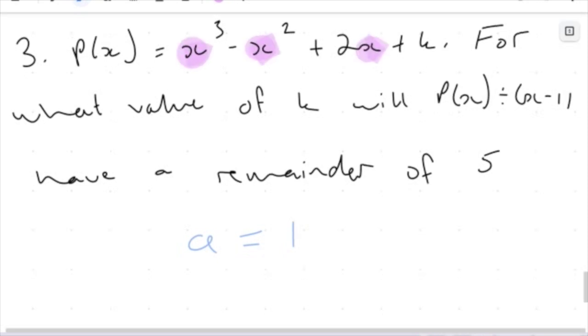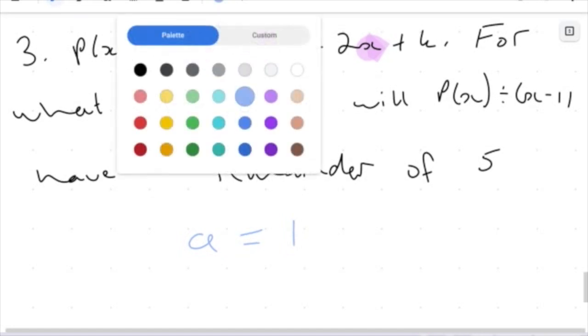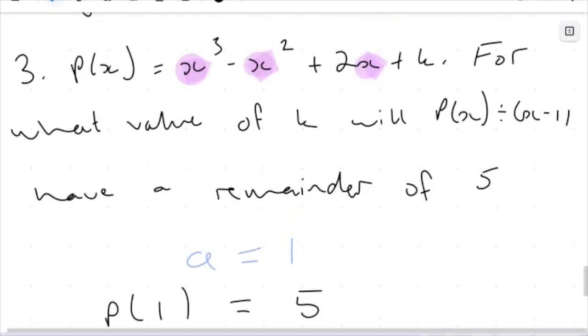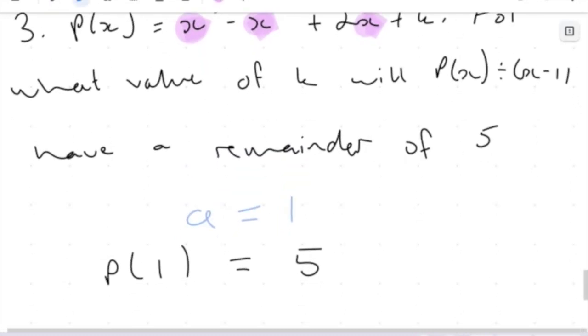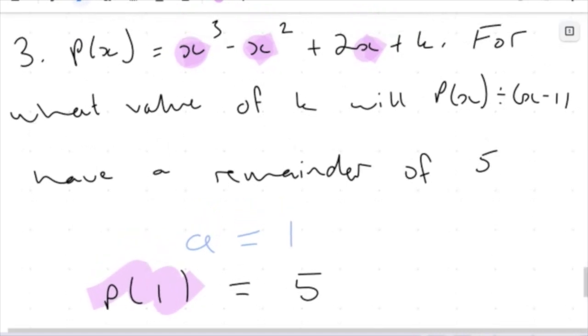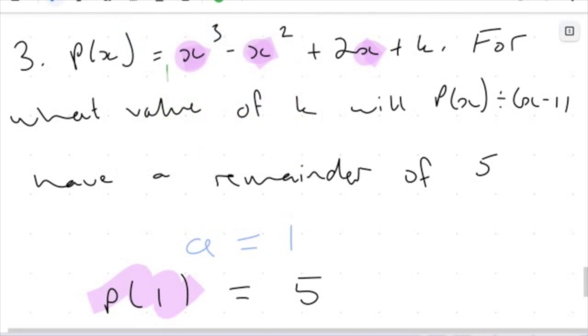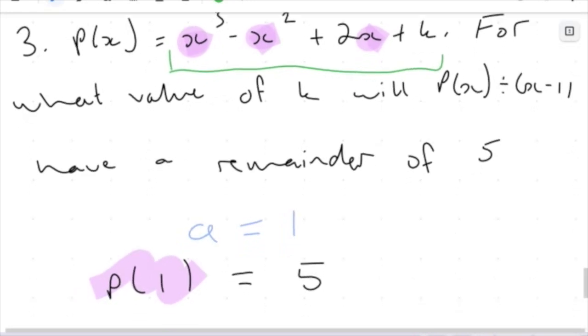So this is going to require us to set p of 1, because the remainder theorem tells us when you substitute in this a value, it will give you a remainder of 5. Now, p of 1 is just going to be this thing on the right-hand side with 1 substituted in for all of the x values.